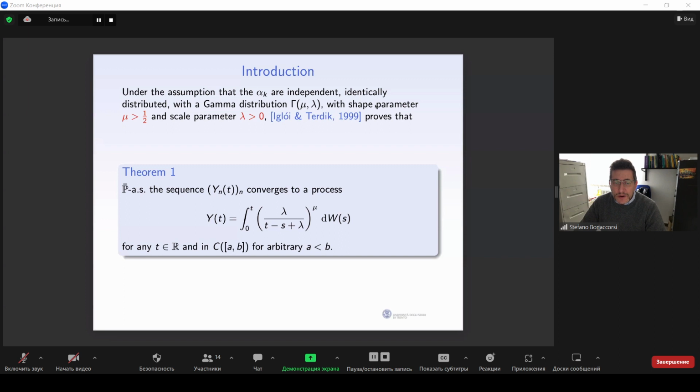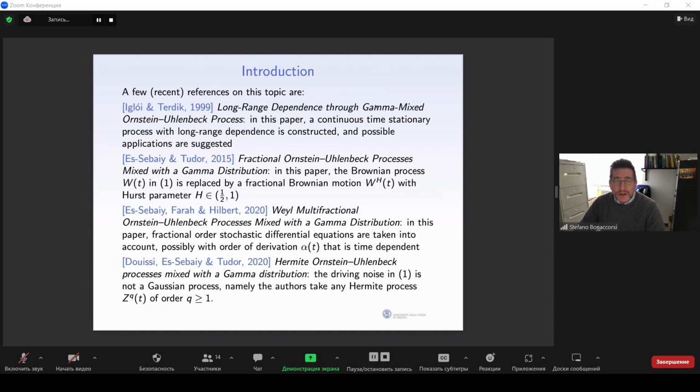Okay, all of this is known, and what we were interested in was to see if we can extend it in order to cover more general classes of kernels in the Volterra process. So here is a list of some other references, starting from the original paper, and then there is a couple of papers of Ciprian Tudor and Sedai and also Ingrid Hilbert.